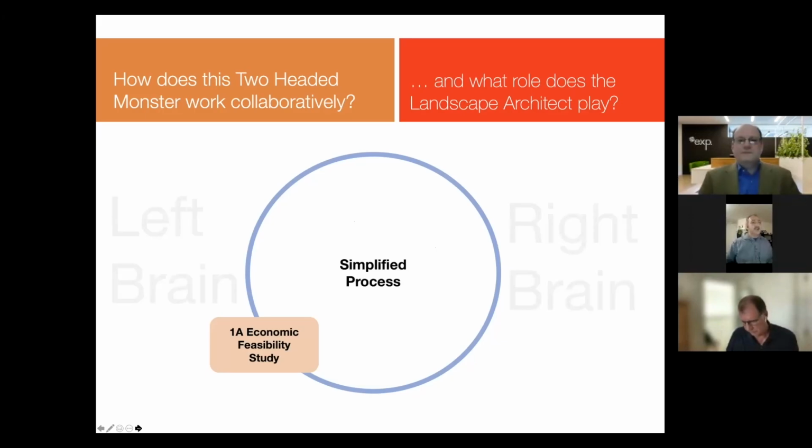So Dan is going to start by briefly walking you through the analytical side by discussing the economic feasibility study. As Maro said, we could have easily started this explanation on the creative side. The economic feasibility study is not conducted by the landscape architect, but by people trained in market analysis and/or economics.